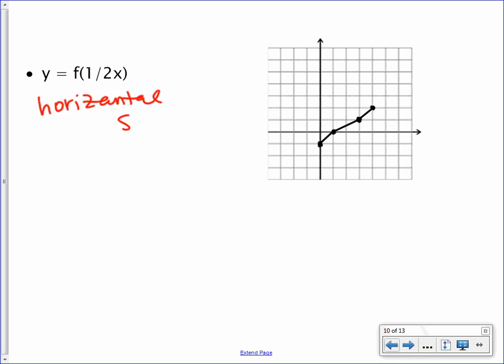It's a stretch. We would take our x values, and what would we multiply them by? Which is 2. Okay? So, in all of our x values, we multiply by 2, just like we did with our vertical stretch. Okay?